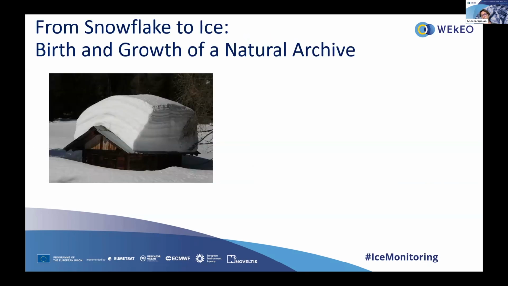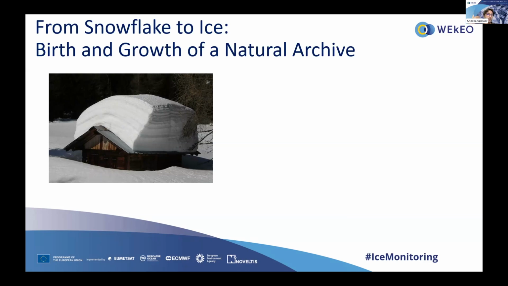Before entering into the detail, I need to give a brief introduction of what a natural archive, and an ice core archive especially, means. During the winter, we have snow accumulation. It accumulates layer by layer, and this snow is able to trap the atmospheric composition.